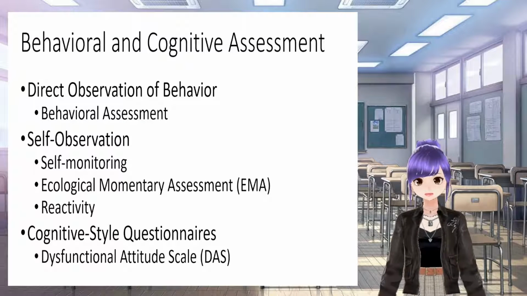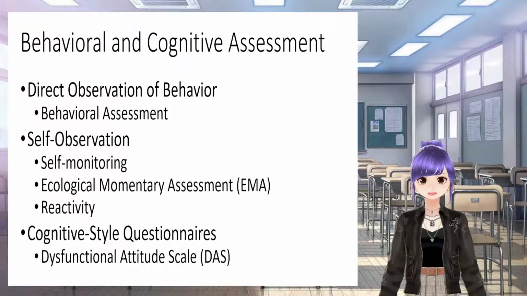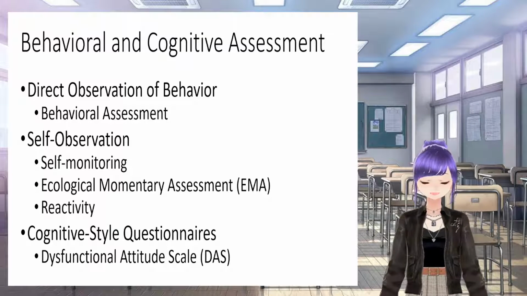So another assessment that I want you to remember are the behavioral and cognitive assessment. So it assesses aspects of the environment, characteristics of a person, frequency of form of problem behaviors, consequences of problem behavior.